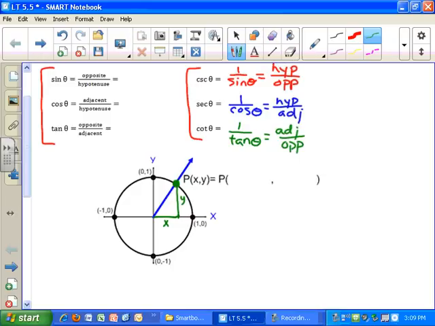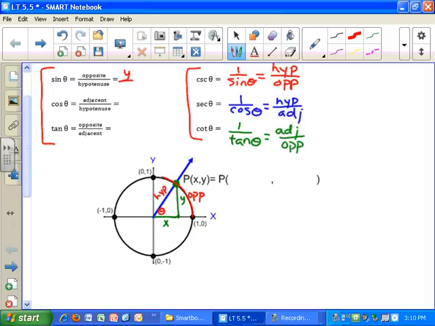If we apply that to the unit circle, and we want to try to find, for example, so we've got theta here. If we wanted to find the sine of theta, we would use the opposite side over the hypotenuse. So I know that that would be y over, now we have to figure out how long is that hypotenuse.